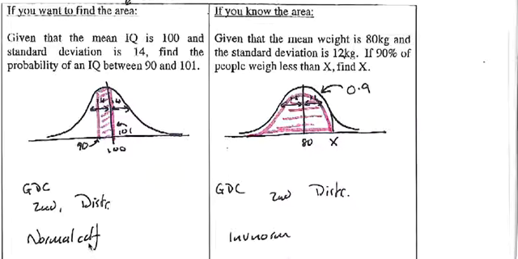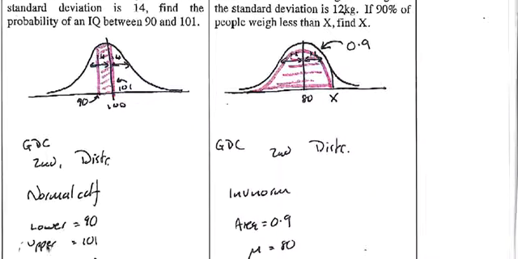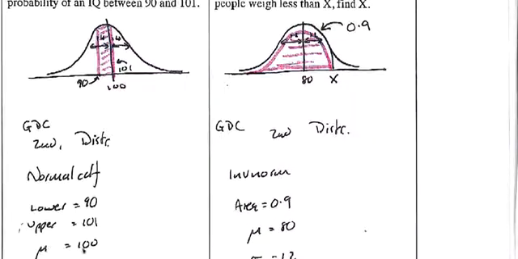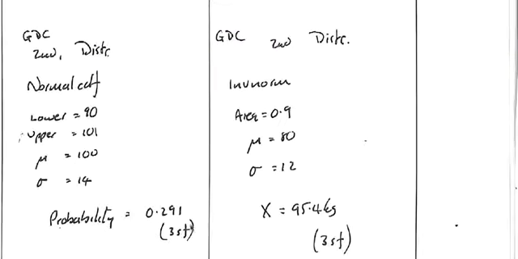You follow the instructions on the screen, so you tell it that the lower bound is 90, the upper bound is 101, the mean for your distribution was 100, standard deviation was 14, and it should tell you that the probability of being between those 2 within this distribution is 0.291.